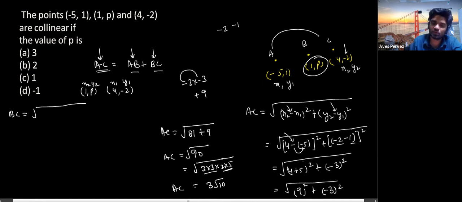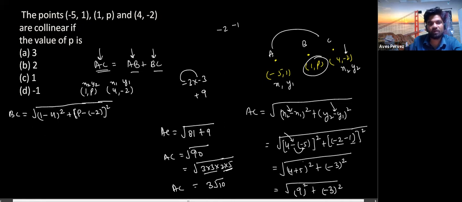It's my choice. So I'm writing 1 minus 4 whole square, x2 minus x1 whole square, plus p minus minus 2 whole square, because this is the formula, sign minus, and 2 is already in minus.